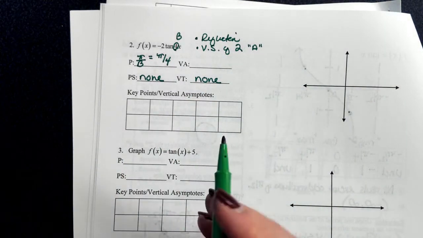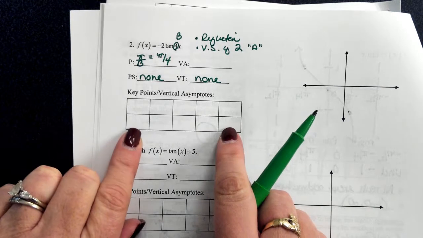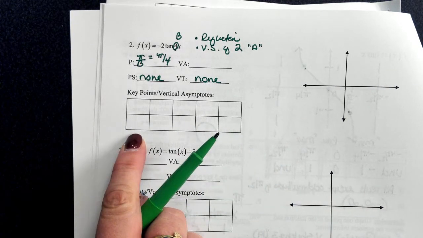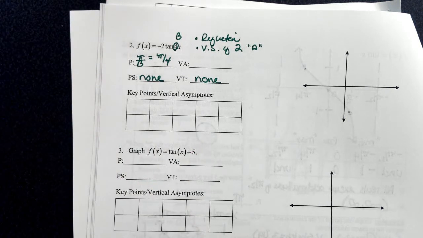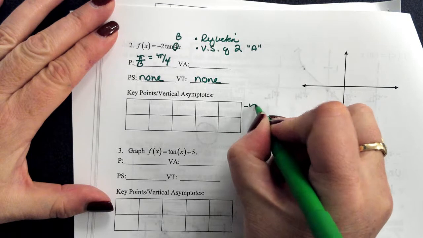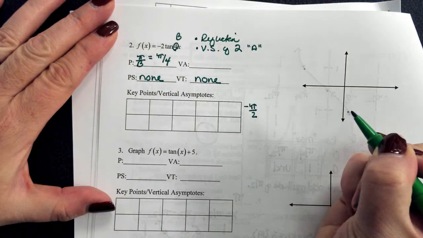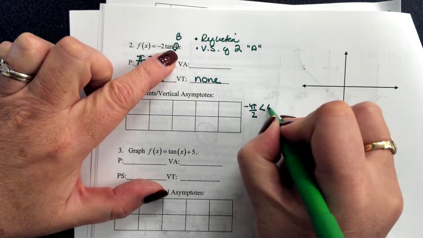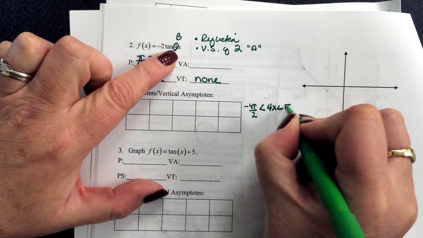So now this is where, ladies and gentlemen, because you have the period change, and remember, tangent's not starting at 0, you want to set up that inequality so you know exactly where to start and where to end this particular graph. So remember, for tangent, the inequality or bookend goes -pi/2 less than your bx, which is 4x, less than pi/2.